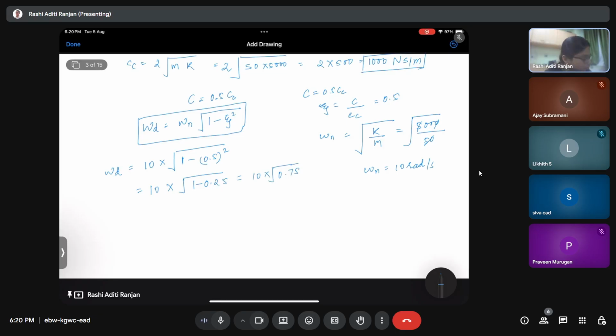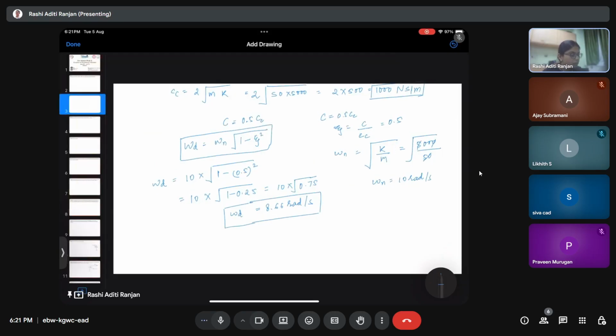Right? This turns out to be 8.66 radians per second. This is the second answer, which was about finding out the damped natural frequency. Okay.